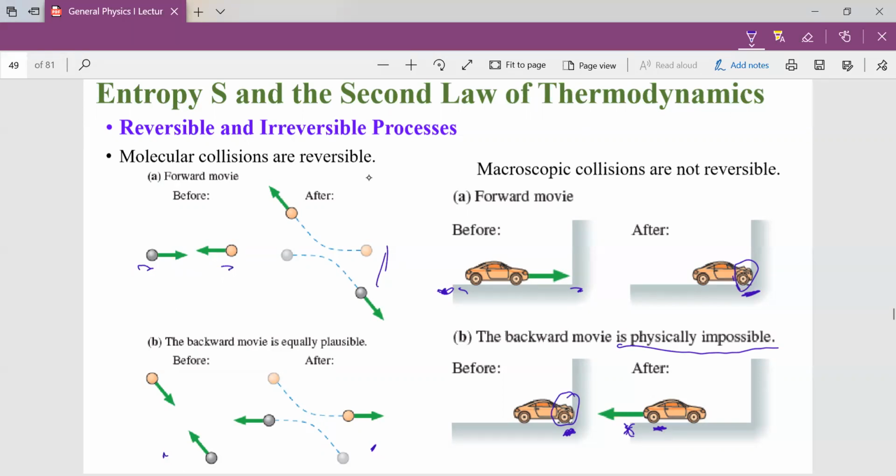Now, the only way to return this to its original state is after the crash, they'll have to take the car for repair, fix so many things. So what we're trying to buttress here is that reversible process happens like almost immediately. You can return it to its original state. It's not like this kind of reaction where after it happens, it cannot be returned unless you have to put in a lot of repairs work to return it to its original state. Doing that is not a reversible process, okay?